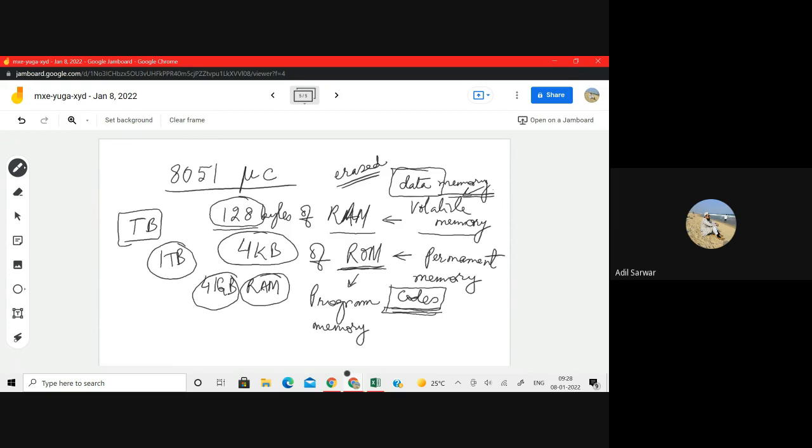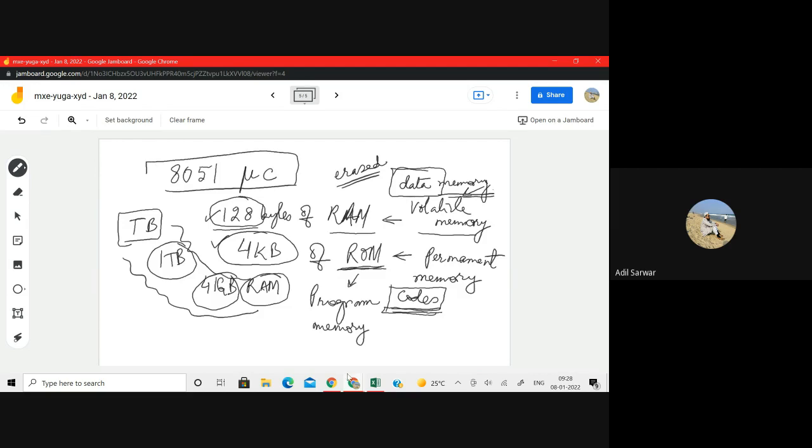So compared to these big numbers, this 128 bytes and 4 kilobytes is nothing. But let me emphasize here that although they are nothing compared to these big numbers, they are sufficient for microcontroller operation.